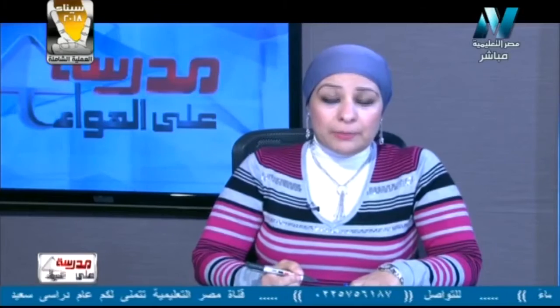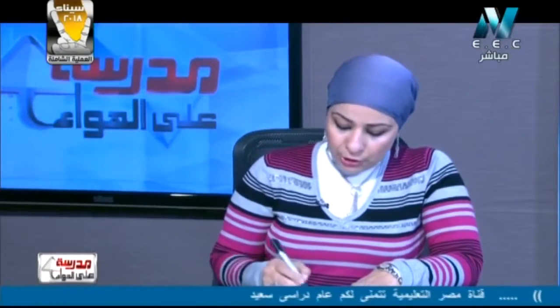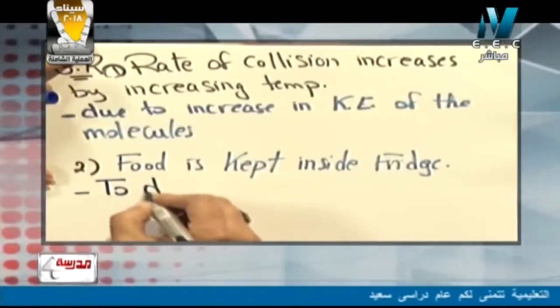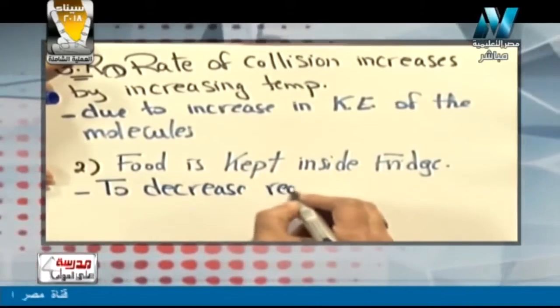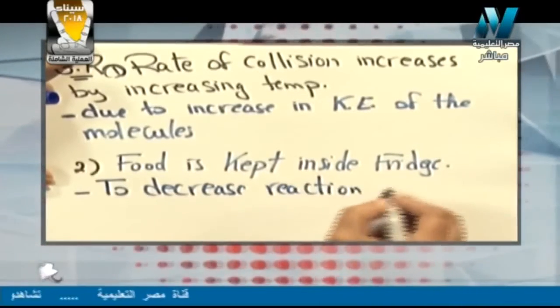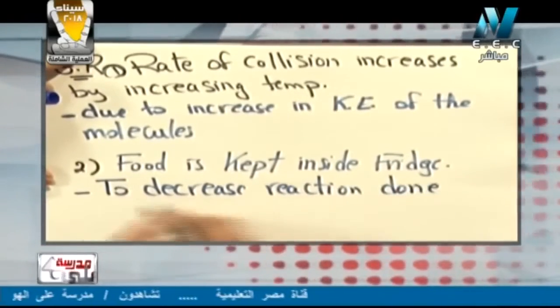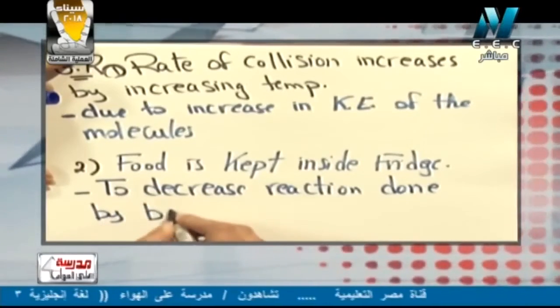So by putting the food inside the fridge, we decrease the chemical reaction done by bacteria, so the food will be kept away from the bacteria action. So food is kept inside the fridge to decrease the reaction done by bacteria, by decreasing temperature.